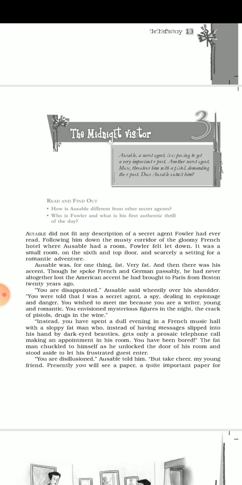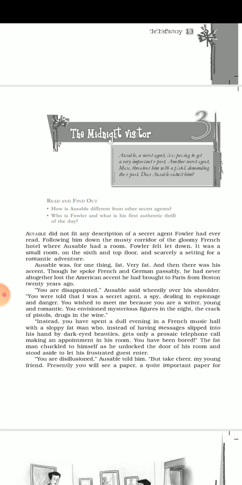So Fowler decided to write a piece of art. Fowler wanted to write a romantic and thriller story. So that's why he wanted to physically live with that secret agent so that he can study how he exercises his mind, so that he can see how intelligently Audible acts in particular situations.